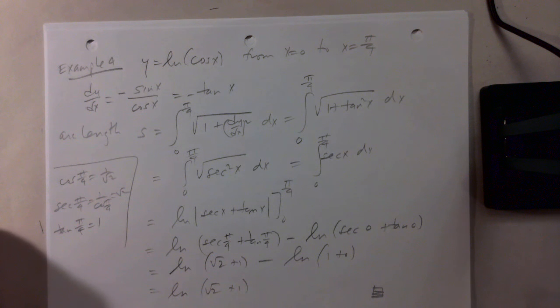So this is arc length, and it is a very useful formula to know. And there will be a number of homework problems just to practice using the formula. That's it.